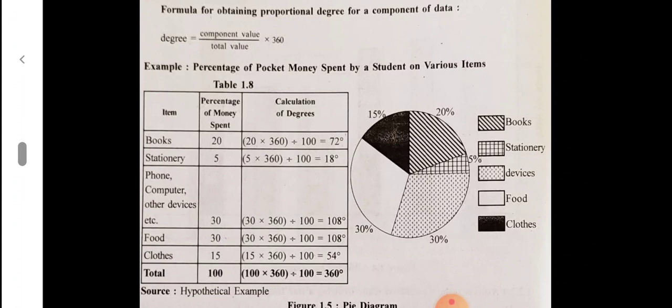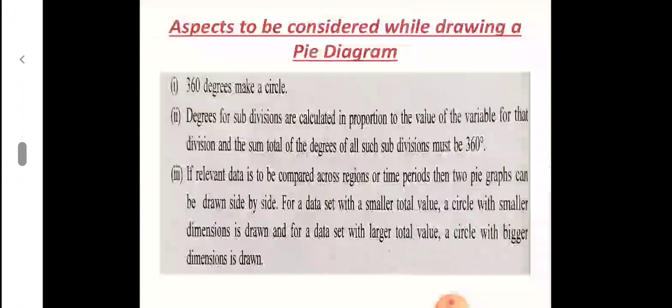Now we have to know the aspects to be considered while drawing a pie diagram. First, 360 degrees make a circle. It means that when we make a circle, it is 360 degrees, and the data which we converted into degrees, the sum total of those degrees is also 360 degrees.